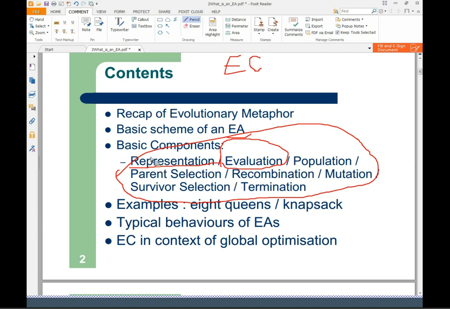In the representation, we represent each solution, for example, as a real value, or one gene or some genes such as in sort, or it is a permutation, a binary, a real value.